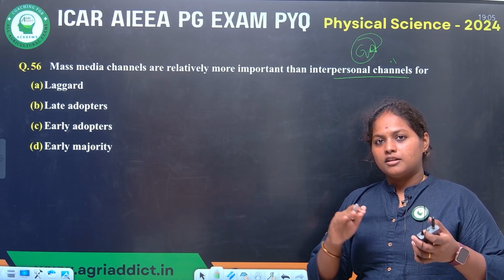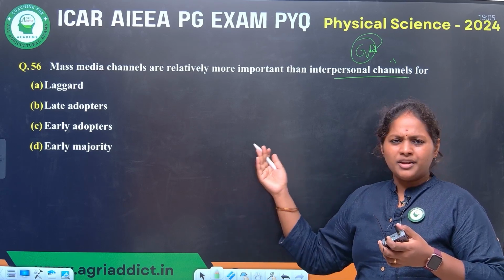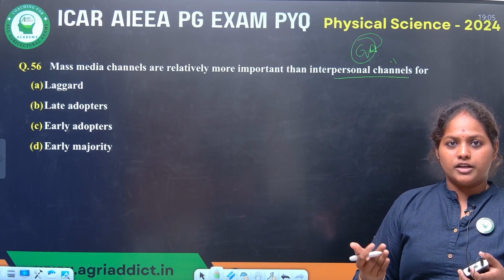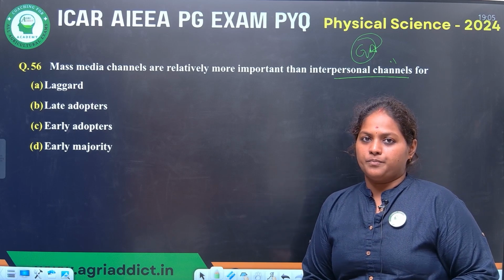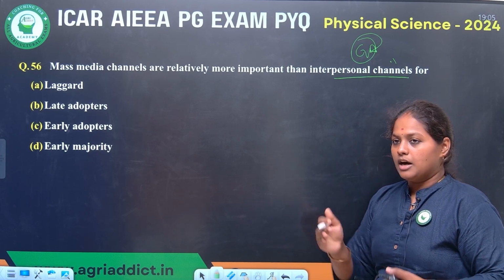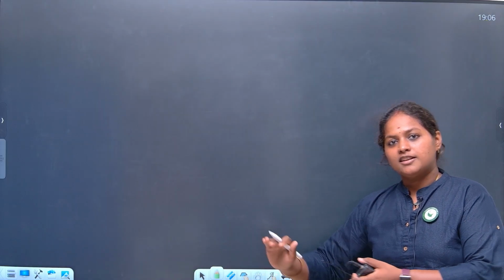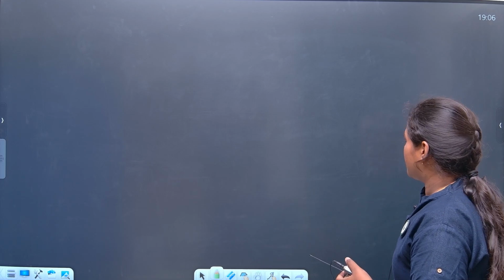Based on that there is a classification system: laggards, early adopters, early majority, late majority, innovators. Innovators are those who are ready to accept any new system based on the benefits they see. After innovators, early adopters and early majority will come. Laggards are the ones who are not ready to accept this particular system.